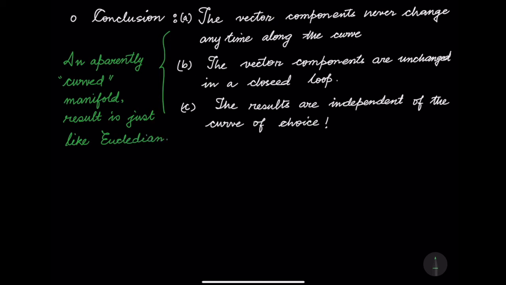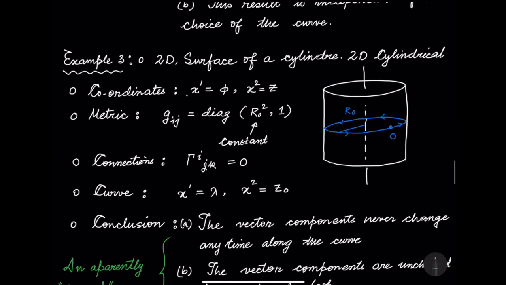Well, it's not a Euclidean manifold. I mean, you can see that the surface is curved. The surface of the cylinder is curved.